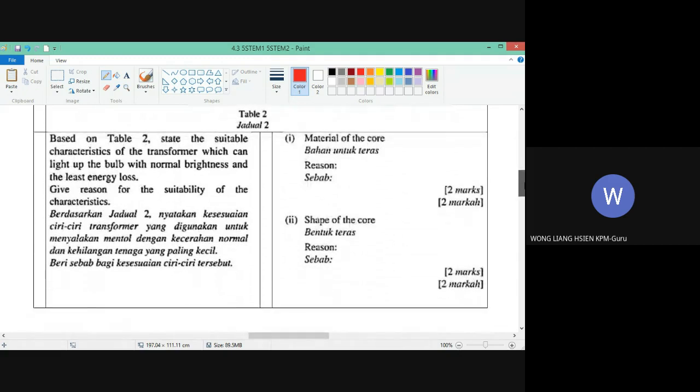So based on table 2, state the suitable characteristic of the transformer which can light up the bulb with normal brightness and the least energy loss. Normal brightness and least energy loss. So give reason for the suitability of the characteristic.